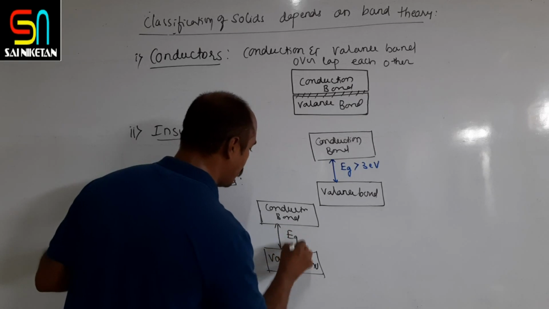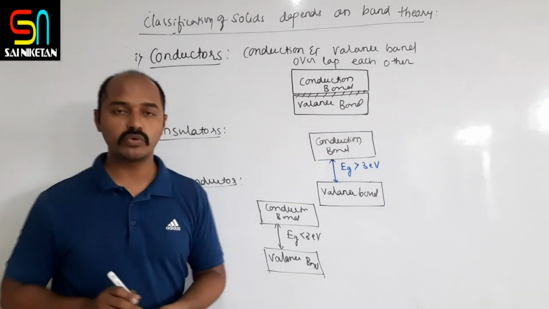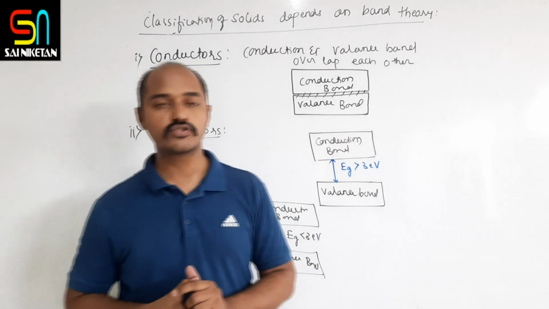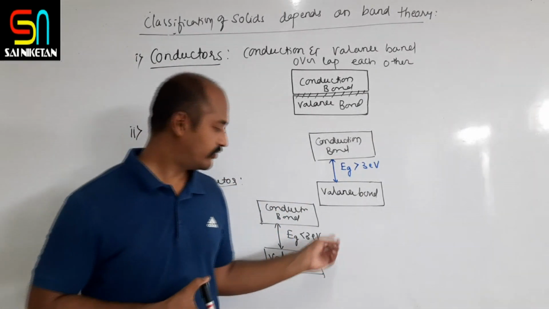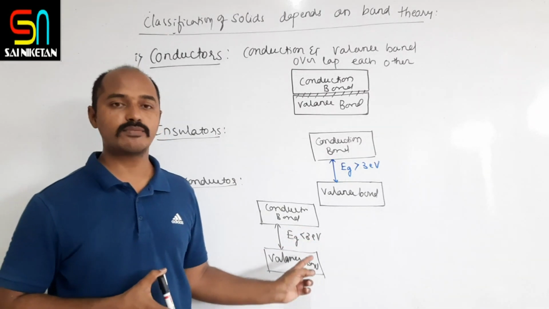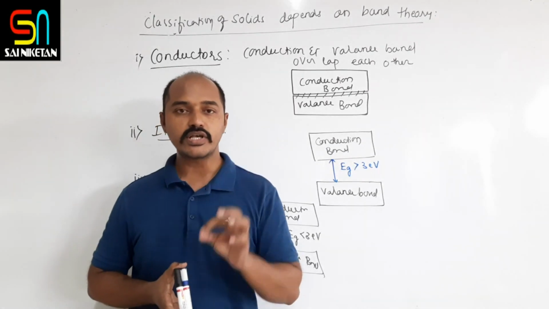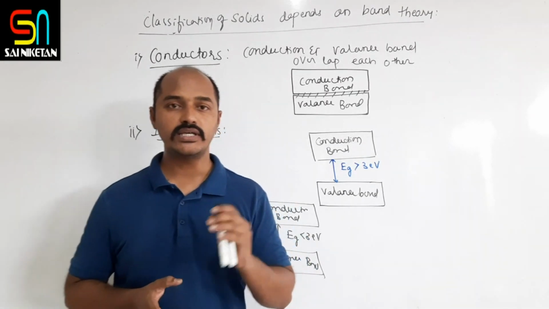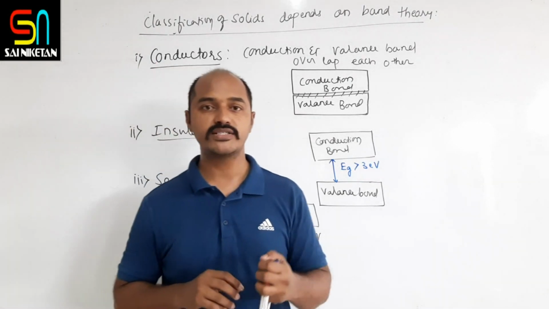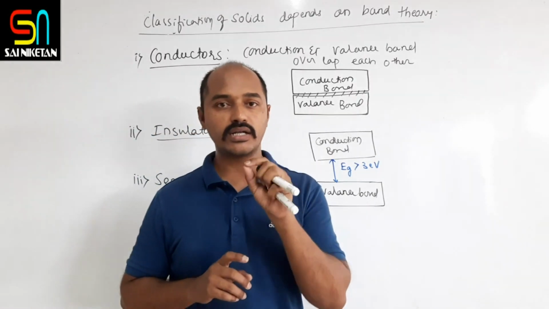If the energy gap between the conduction band and the valence band is less than 3 electron volt, such solids are called semiconductors.